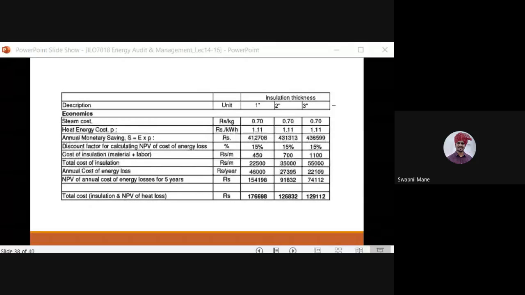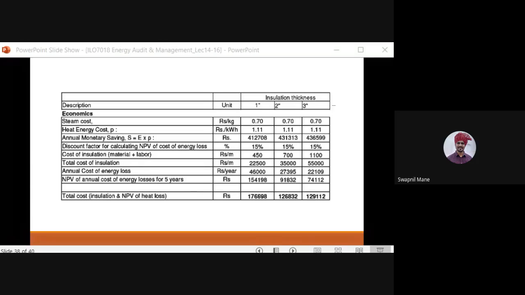Here we have the formula for conduction, which is delta T upon R_th, where R_th is the thermal resistance offered by the material. Thermal resistance offered by insulation is given by 1 upon h_i A, which is the convective heat transfer coefficient from the inner side, plus 1 upon h_o A, which is the convective heat transfer coefficient offered by the outside area, plus L by kA.